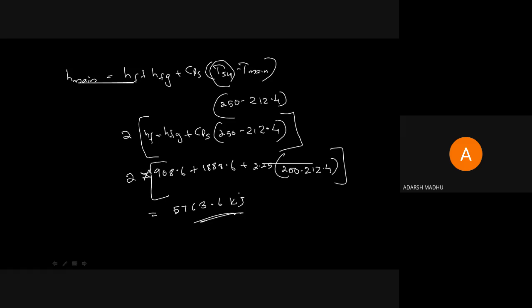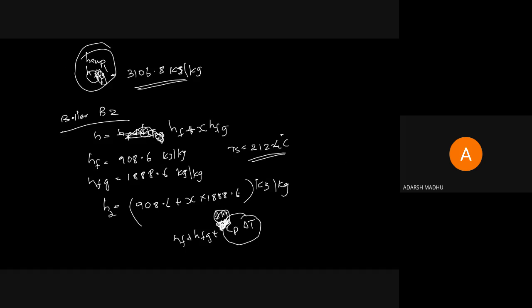So you get the value for H1, H2, that is second boiler, and H main or H3. First one value is 3106.8 kilojoule per kilogram.